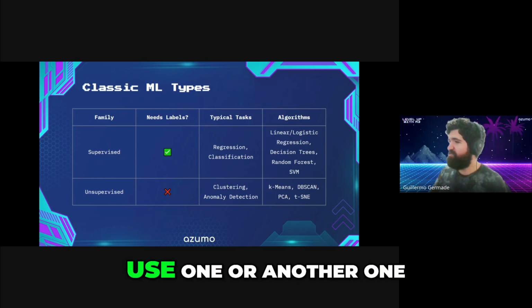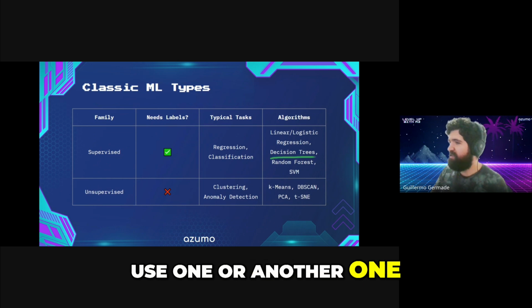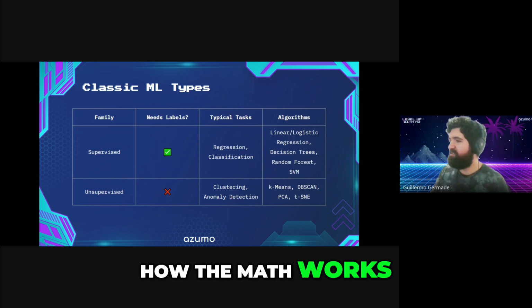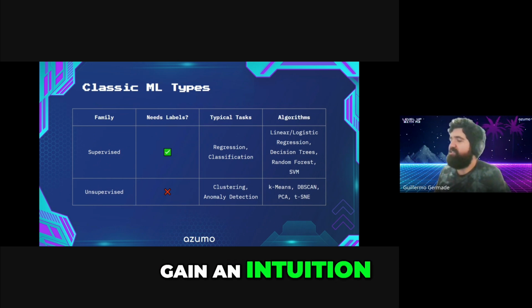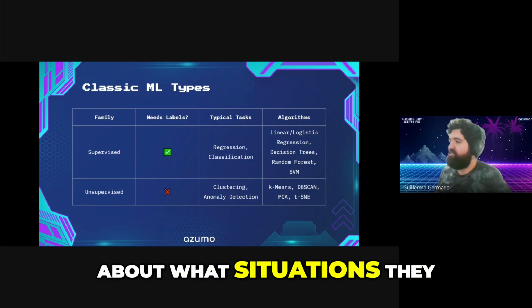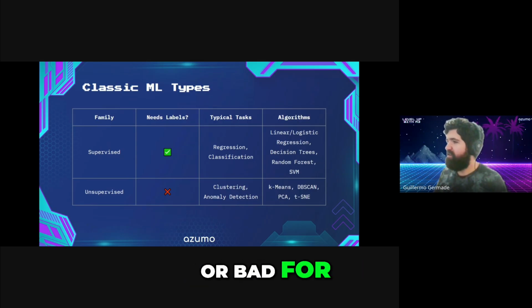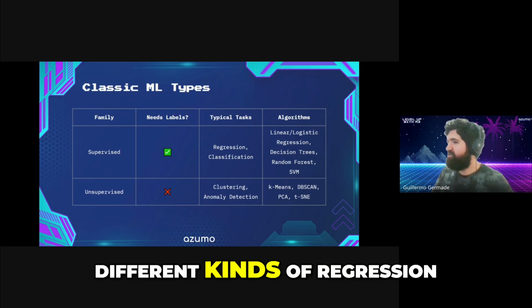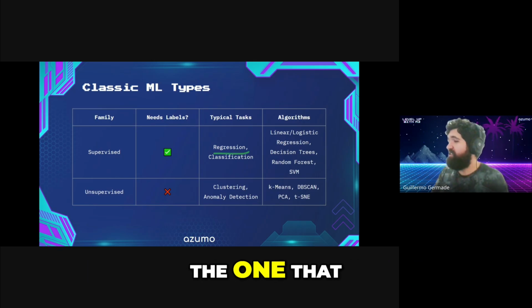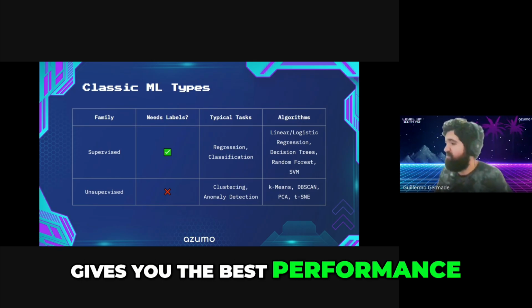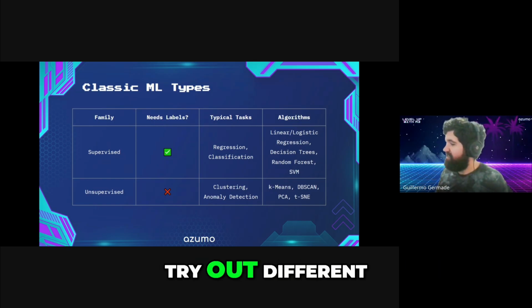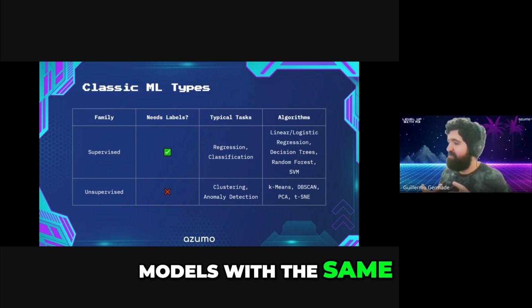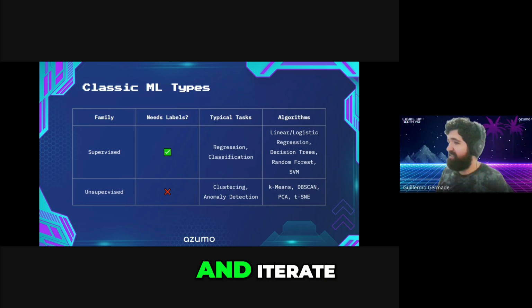And whether to use one or another, when you study how the math works, you pretty much gain an intuition about what situations they may be good or bad for. But in general, if you're looking at five different kinds of regression models, the one that you will use is the one that gives you the best performance. You need to try out different models with the same data set and iterate.